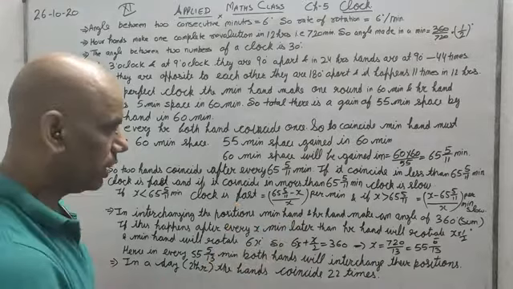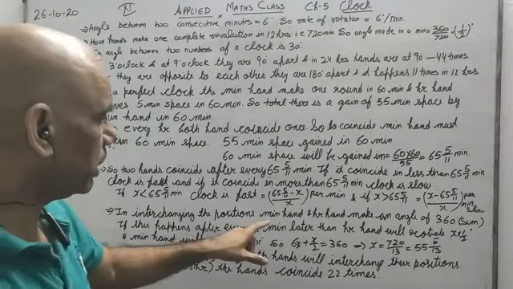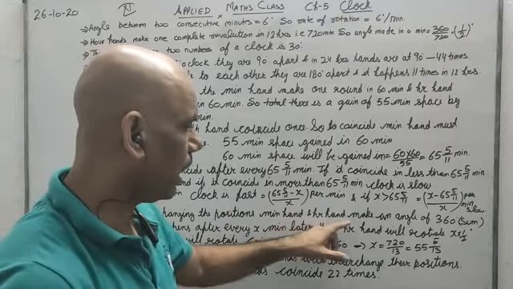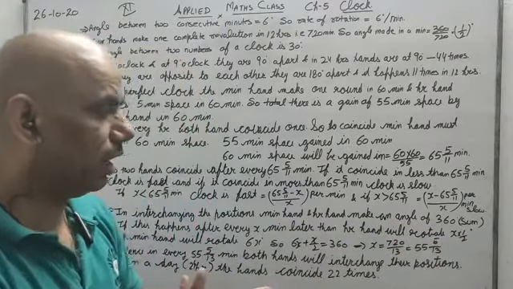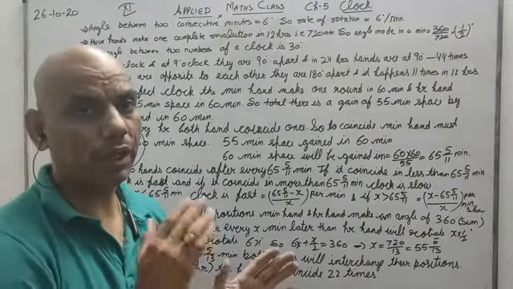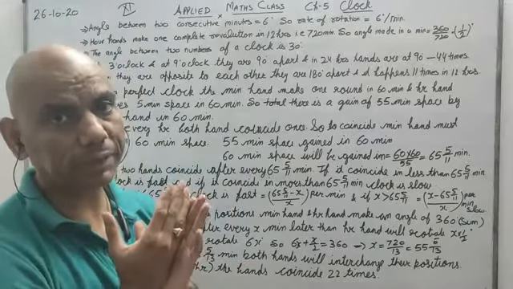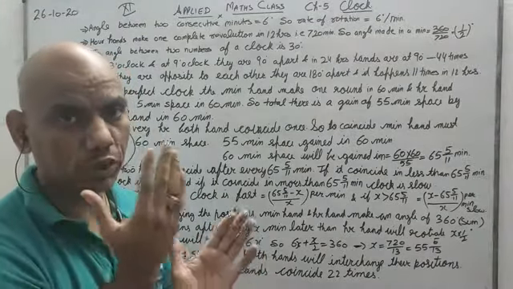So that way you will see in some of the questions. Now, in interchanging the position, the minute hand and hour hand make an angle of 360. The sum of the angles made by them is 360. What he is saying, for example, the hour hand is at 1 and the minute hand is at 12.